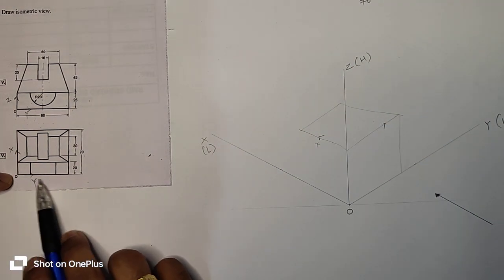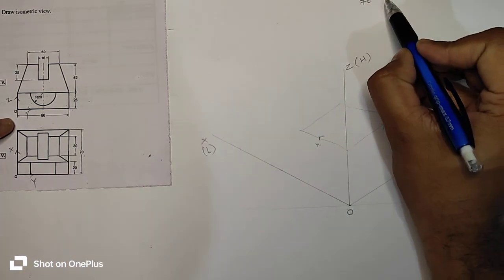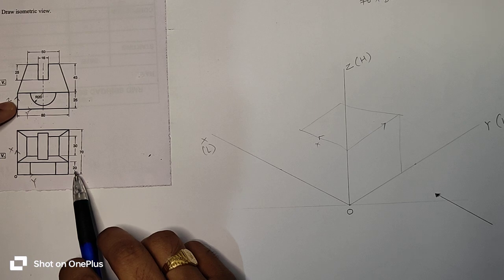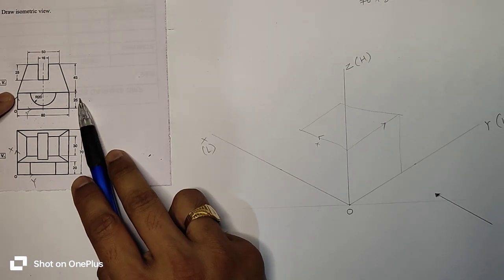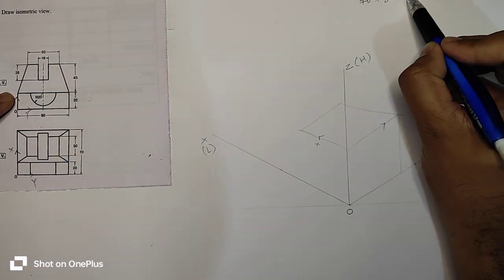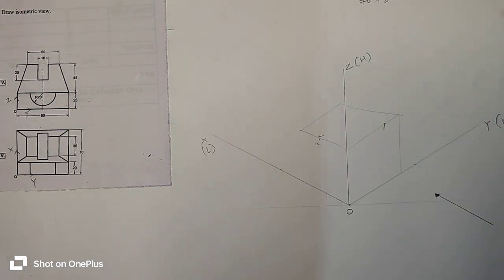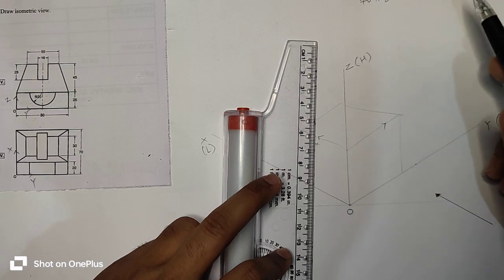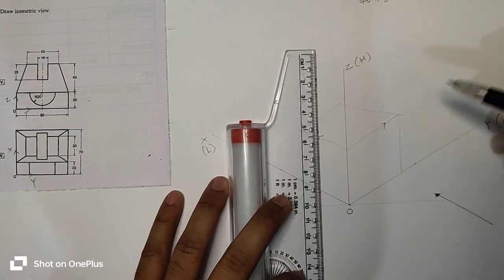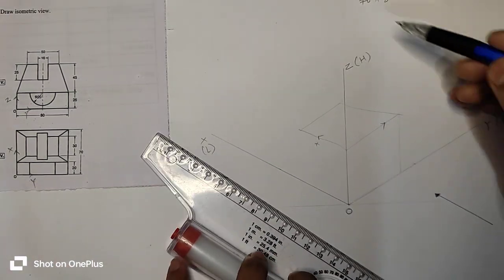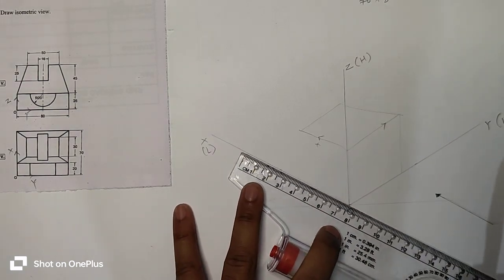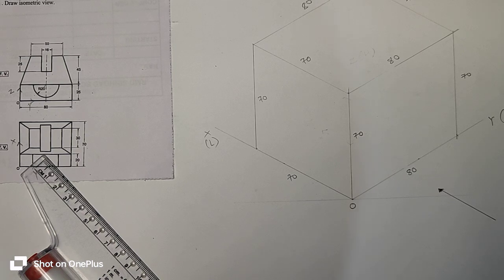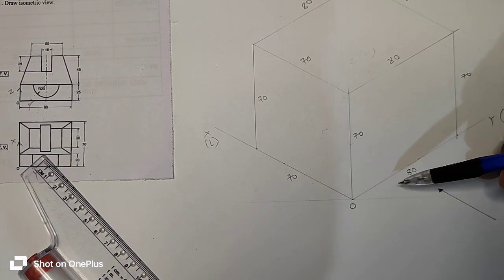Maximum dimension along y is 80, and maximum height is 45 plus 25, 70. So we need a box of 70 by 80 by 70 dimension. Along x is 70. So first we will draw a rectangular box. This is a rectangular box.